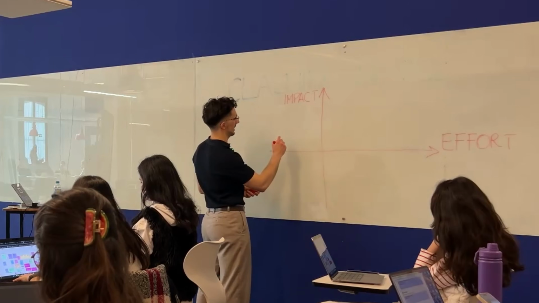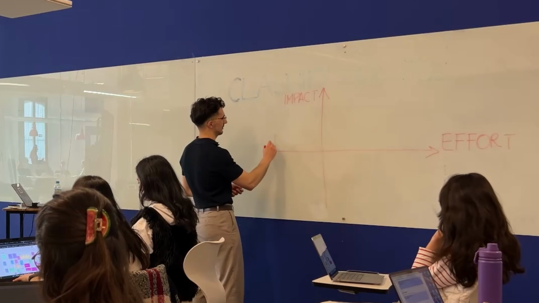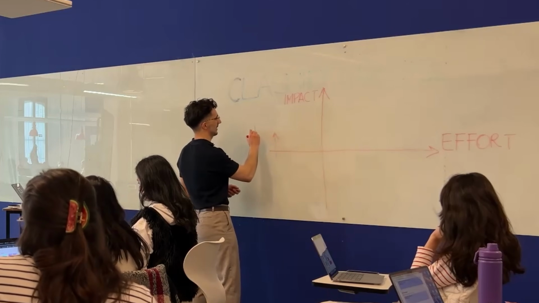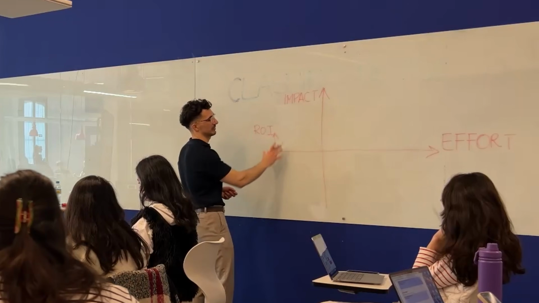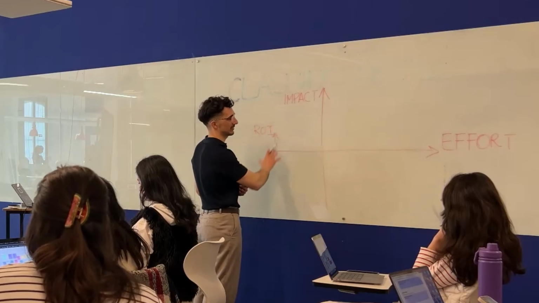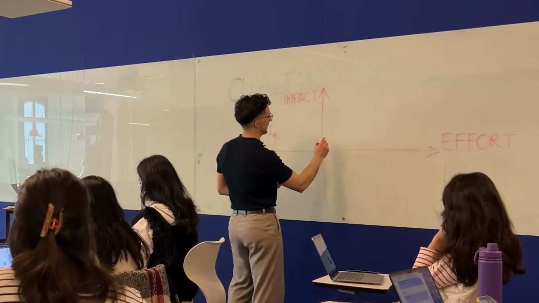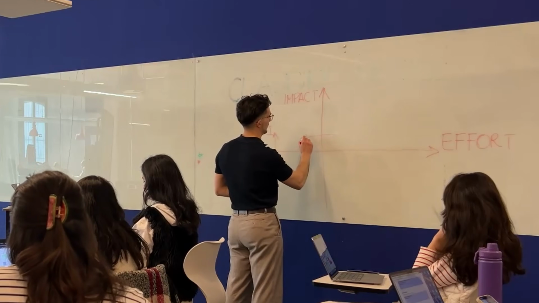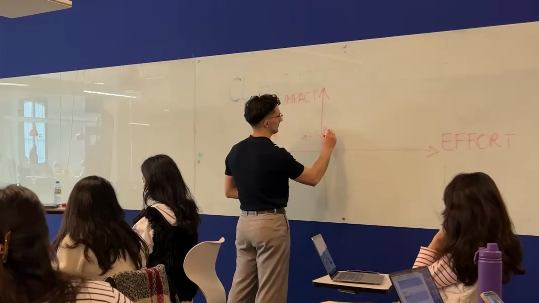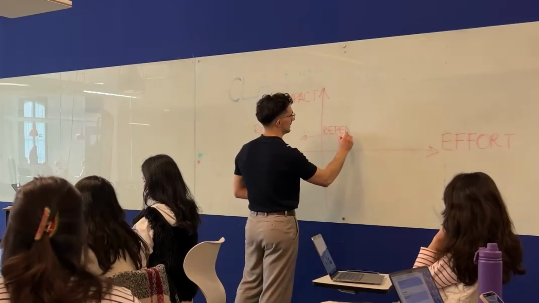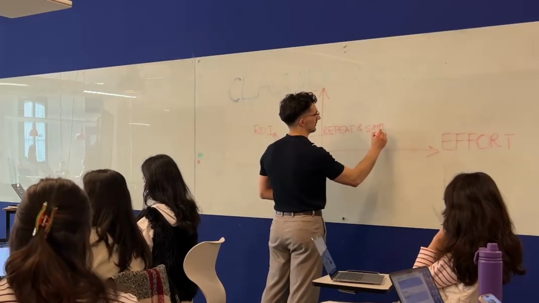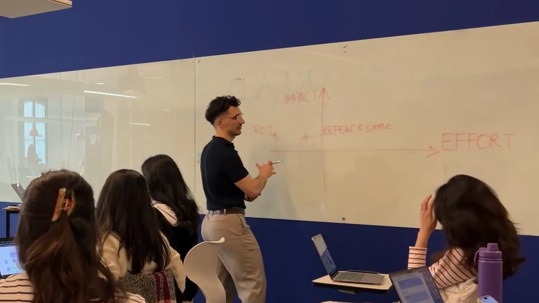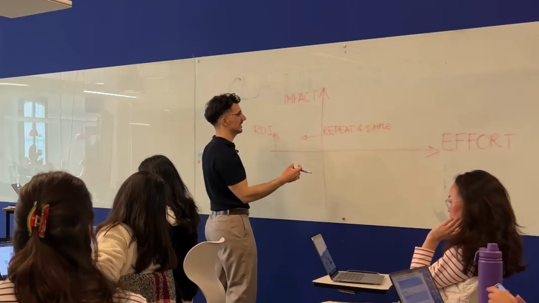This is quite intuitive, but if it has more potential ROI, it will have more impact, so it will move up in this matrix. If it is repeatable and simple, it will require less effort to implement and maintain.